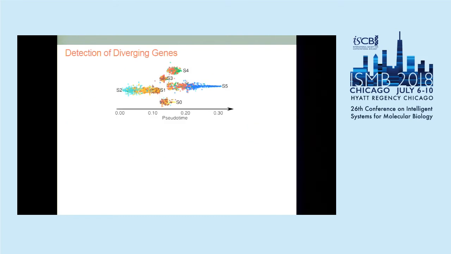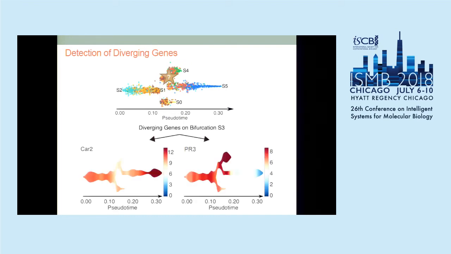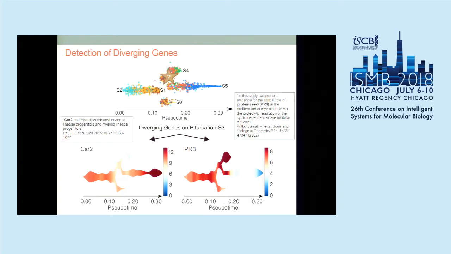If we look at the bifurcation around S3, STREAM will give you a list of divergent genes between two branches. And here I'm only showing the top two, CAR2 and PR3. Based on previous literature, we know that those two marker genes are very important in distinguishing the erythroid lineage and the myeloid lineage.